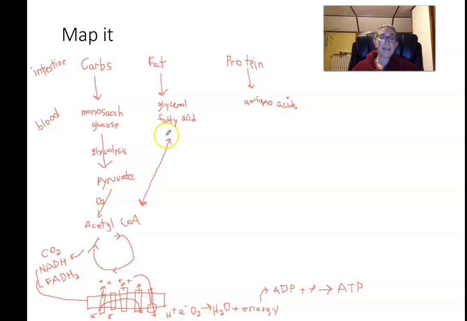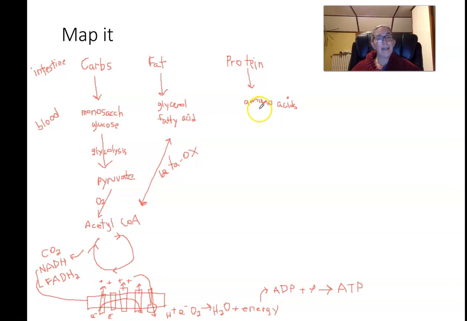So this process of converting fatty acids to acetyl-CoA here, I'm going to label this, is called beta oxidation. I'm just going to do beta ox. All right.